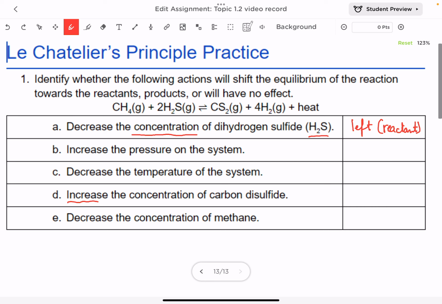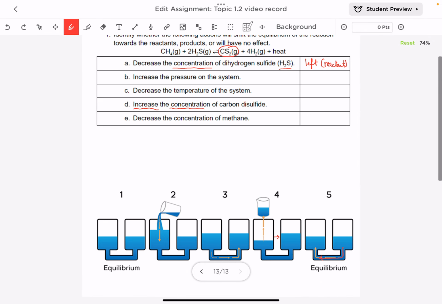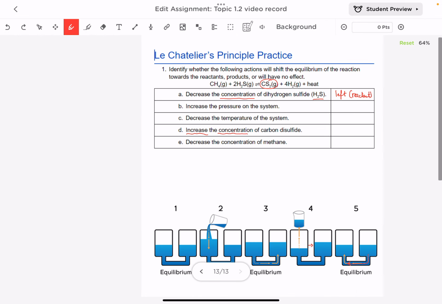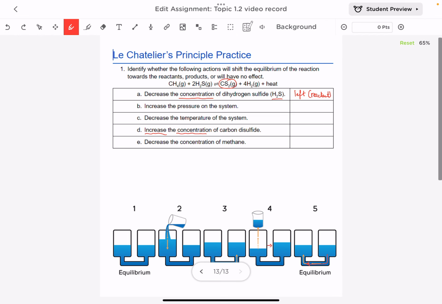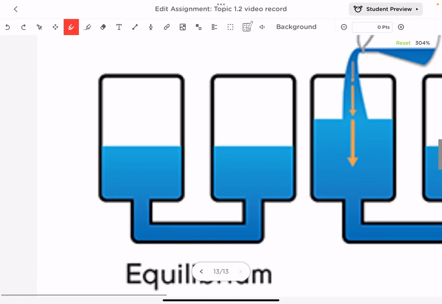Let's take another example. What if the stress was an increase in the concentration of carbon disulfide? Carbon disulfide is on the side of the product. So if I take this equilibrium and I'm adding water on this side, how will the water change to re-establish equilibrium? It's going to go backward, toward the reactant.